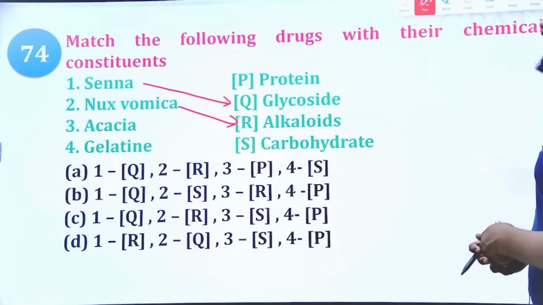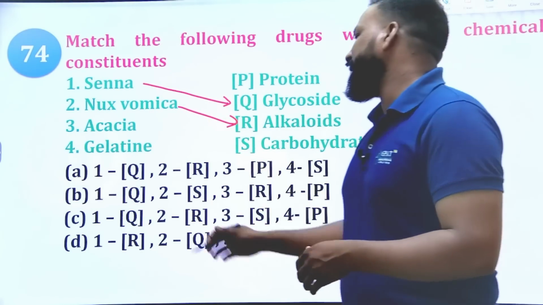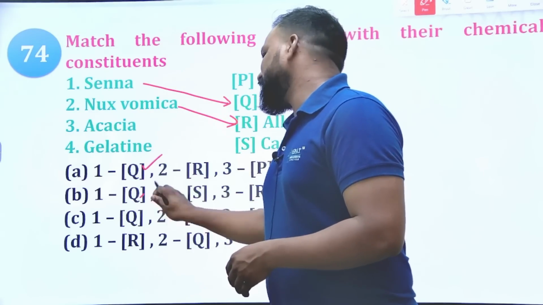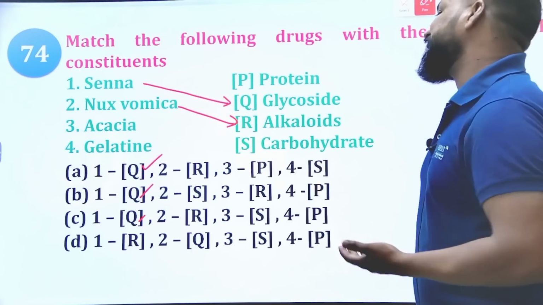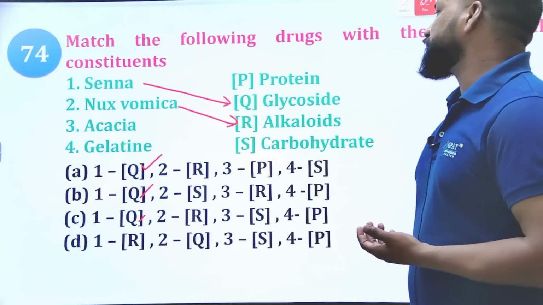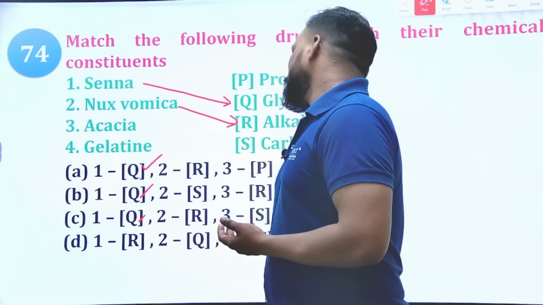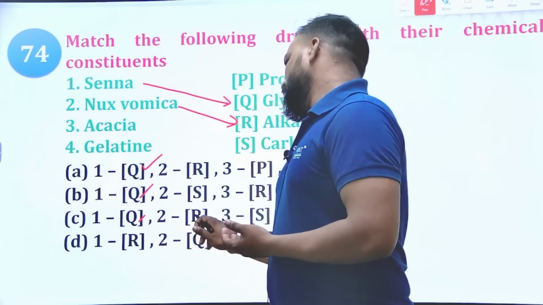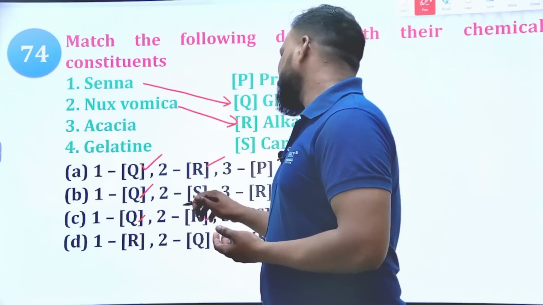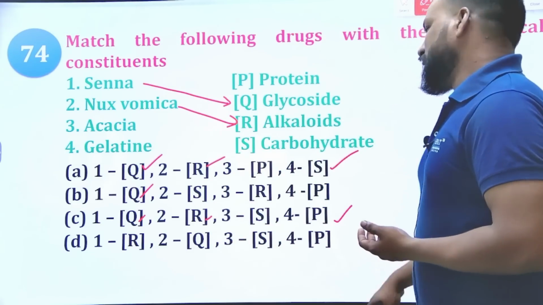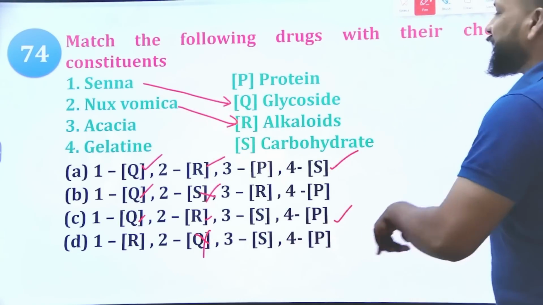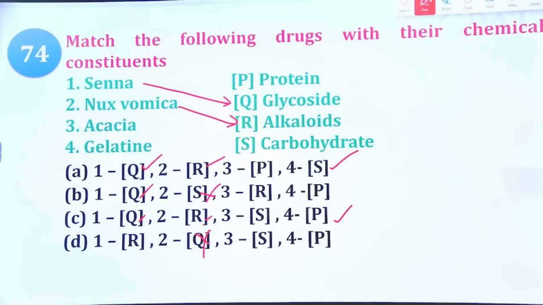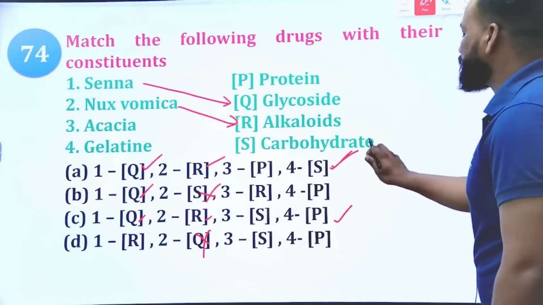Senna is a glycoside, so 1 means Q. And nux vomica is an alkaloid, so option 2 means R. So we need to eliminate some options and pick the right answer from these two.